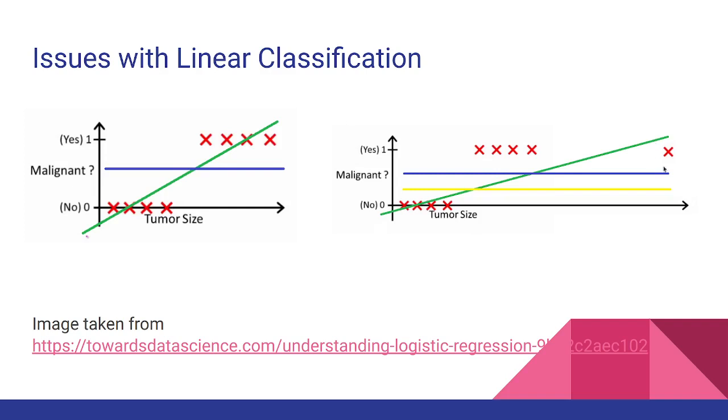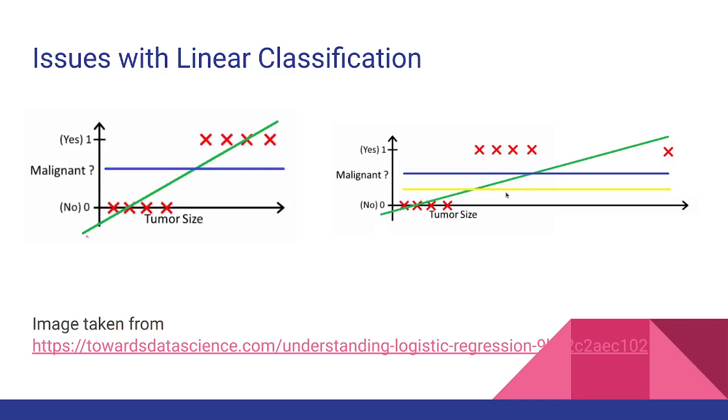Because of this point the line got extended, and because of that, initially the classification boundary was this. Above this it was positive, and below this it was negative, but now above this it is positive, and below this it is 0.